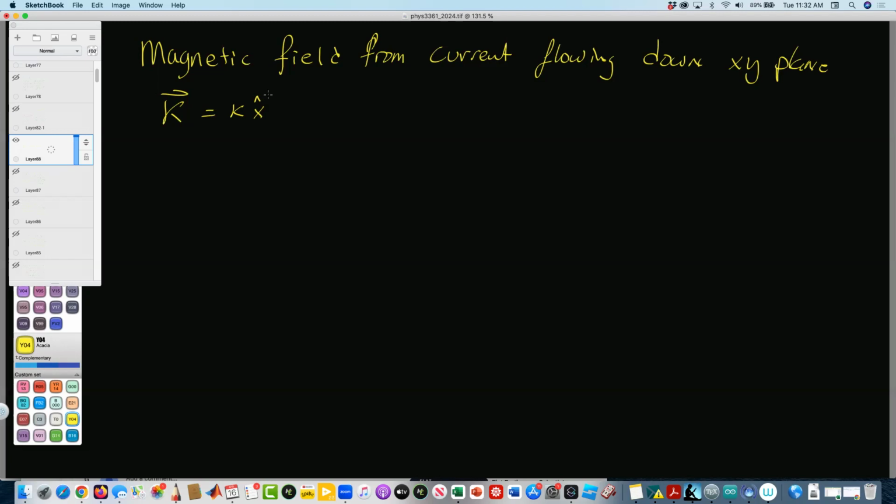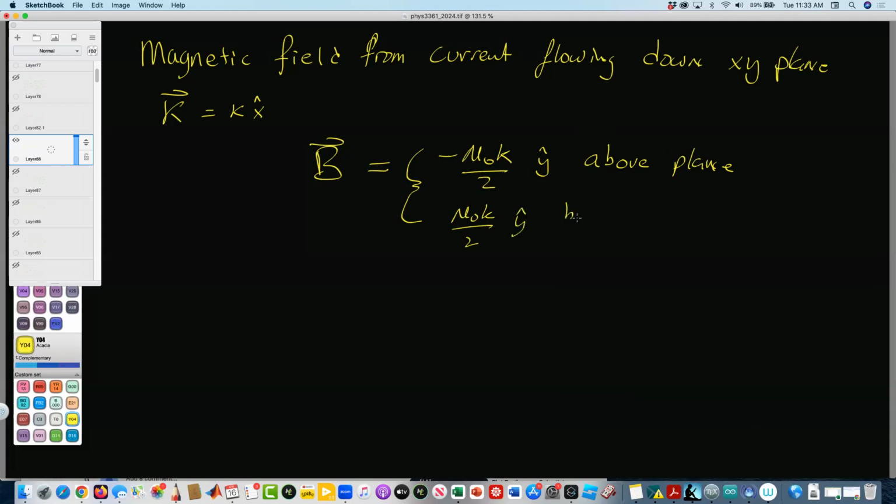You would use the same kind of Amperian loop, and what you would get, so we're just going to state this, you can prove this to yourself, is negative mu 0 K over 2 y hat above the plane and positive mu 0 K over 2 y hat below the plane.